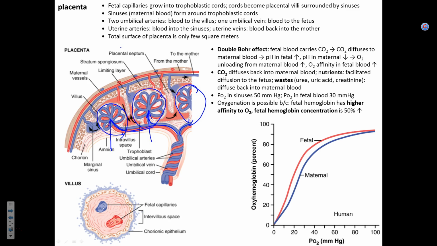So, you have to understand that umbilical veins take the oxygenated blood. Here you can see, well, one umbilical vein takes the oxygenated blood to the fetus, while umbilical arteries take deoxygenated blood from the fetus to the placenta.